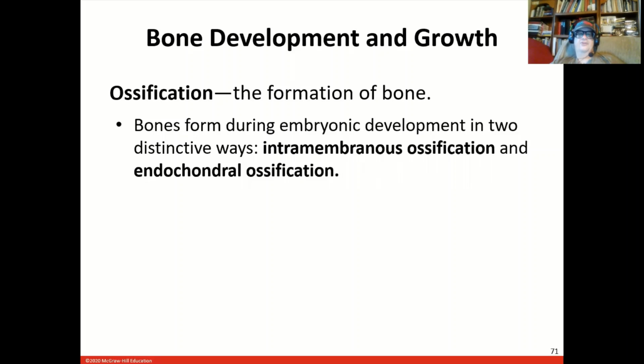Okay. So there are two ways of making new bone. Intramembranous ossification and endochondral ossification. Endo means inside. So endochondral is in the cartilage. You're doing this in the cartilage, the little cartilage model. Intramembranous is in the membrane, okay?